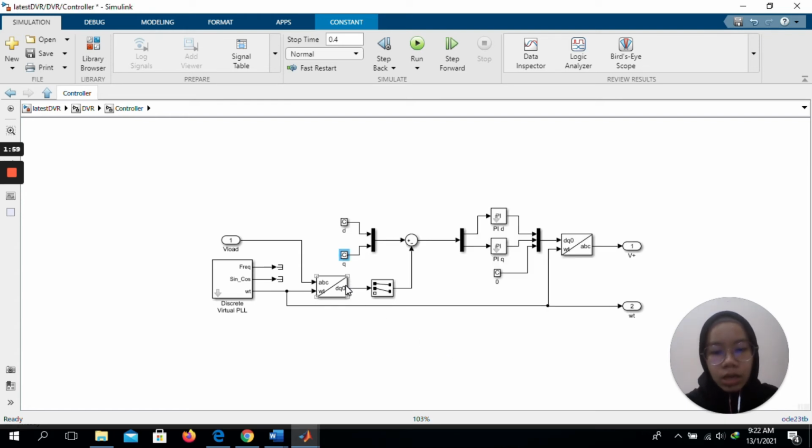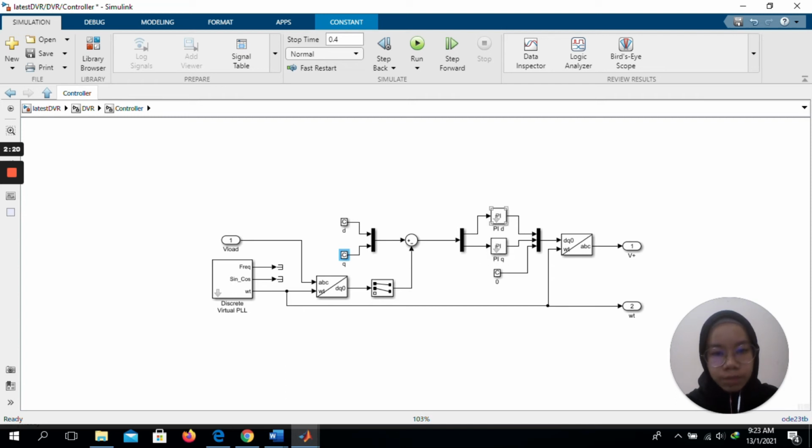The DQ components of the load voltage are compared with the reference values, and the error signal then enters the PI controller.